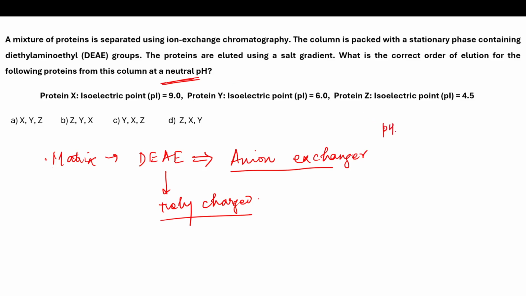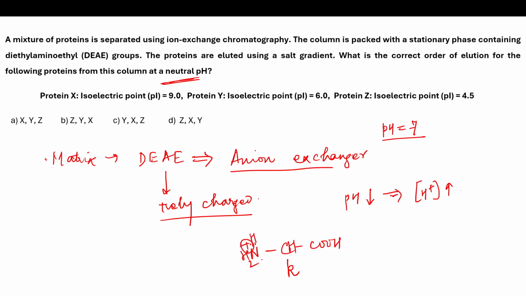That means if the pH is neutral, like pH 7, then when the pH is low, the hydrogen ion concentration is high, right? So if this is an amino acid, this nitrogen has a lone pair on it. If there's a higher concentration of H plus, this N can donate its lone pair and exist as NH3 plus.